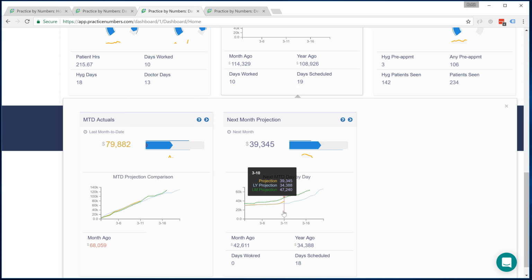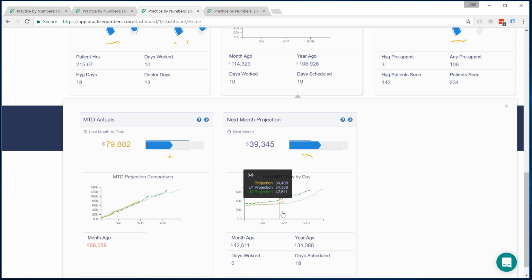Now, on the other hand, when we look at their next month's production, till a day ago, they were running quite a bit lower than what last month's next projection was looking like. This last concept is a little bit hard to grasp, so stick with me. This graph shows how much production is booked for next month.